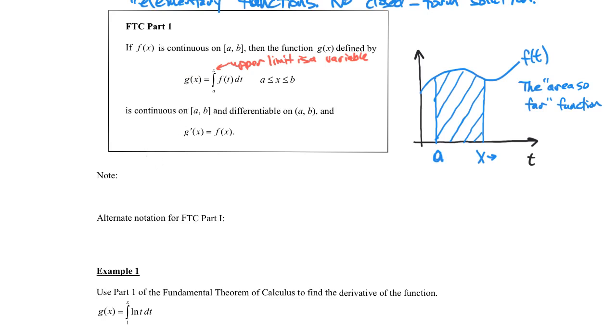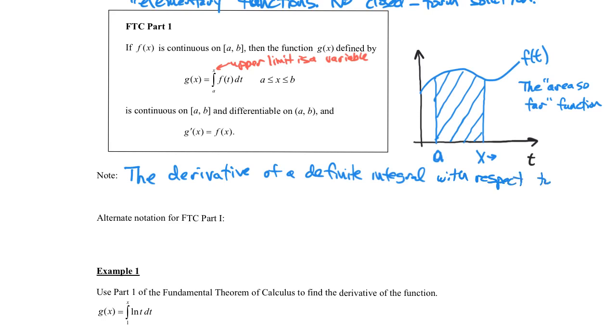So a little note here is that the derivative of a definite integral with respect to its upper limit, so the derivative of g of x with respect to x in this case, is the integrand.